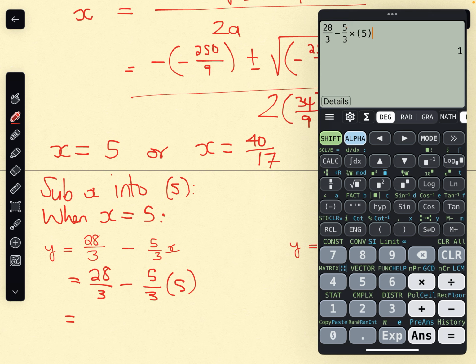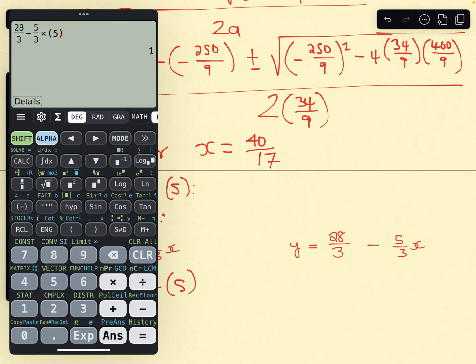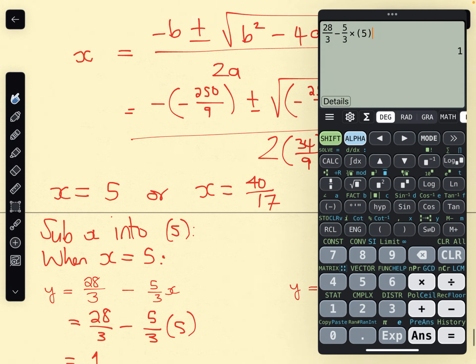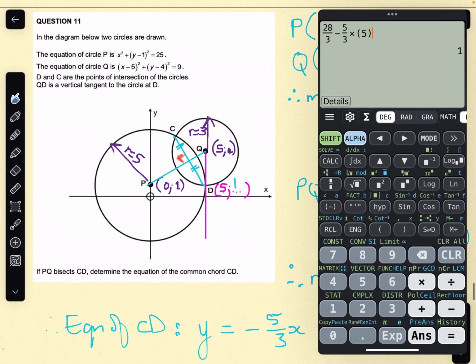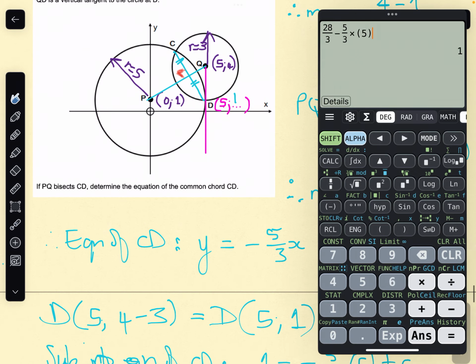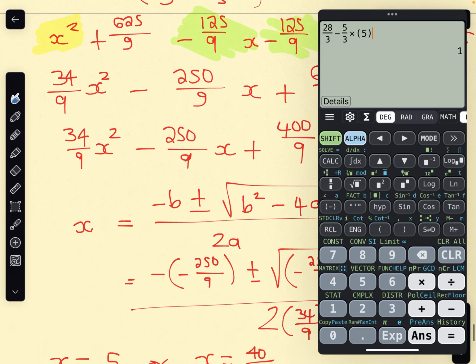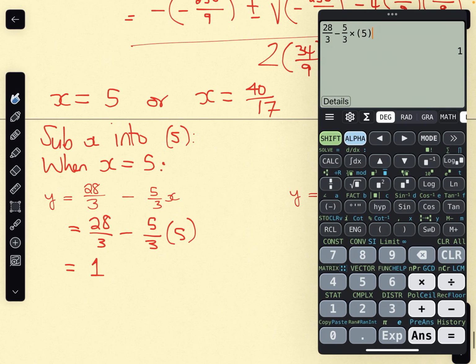Oh wow, it's equal to 1. How underwhelming. Well, actually, we kind of saw that coming, right? We found that to be true when we were doing our calculations. So remember we said the y coordinate of D was 1 because it's 3 units below Q. So voila, that's the one solution.